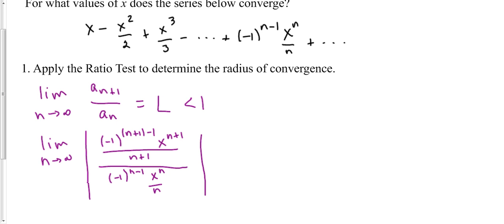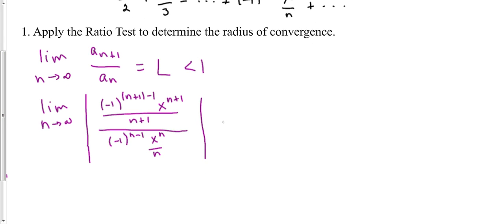Now we really don't need to worry about the negative 1 terms because we are taking the absolute value of this. And as always when we use the ratio test, we can do some canceling. So for instance, all of these x to the n terms down here are going to cancel with the x to the n terms up there. So we're going to end up with the limit as n goes to infinity of the absolute value of x over n plus 1 divided by 1 over n.